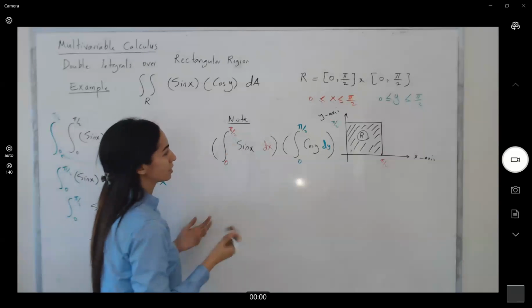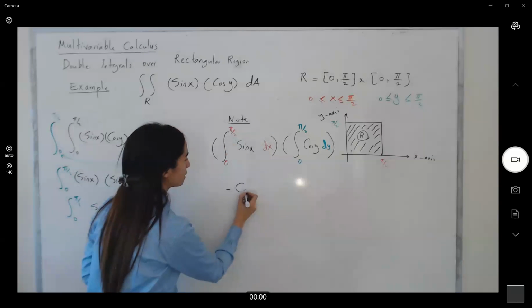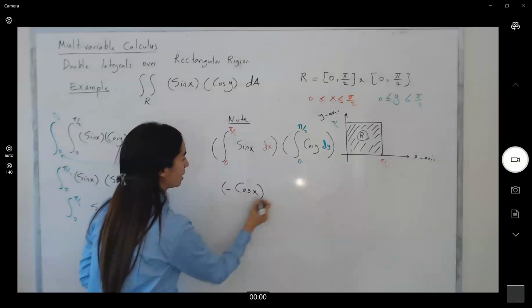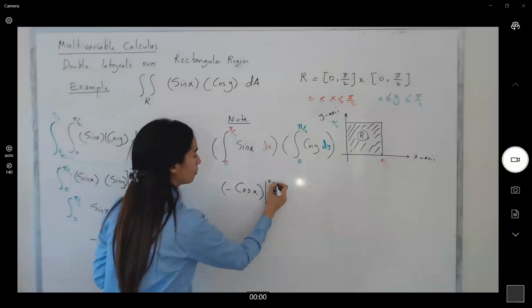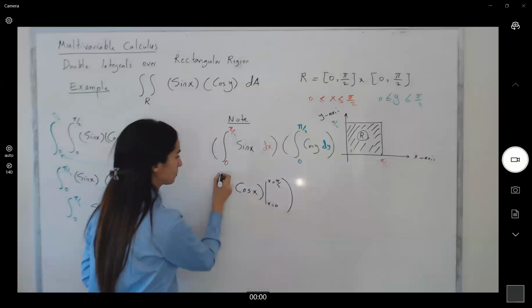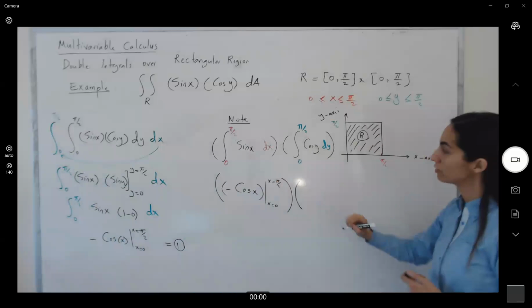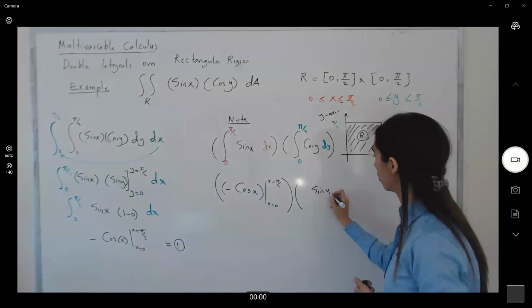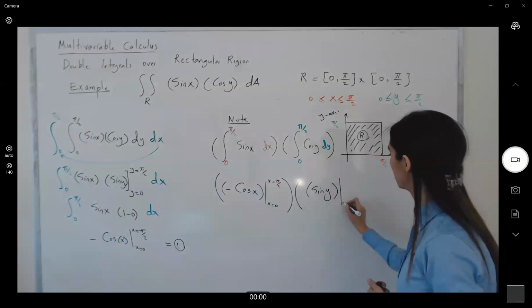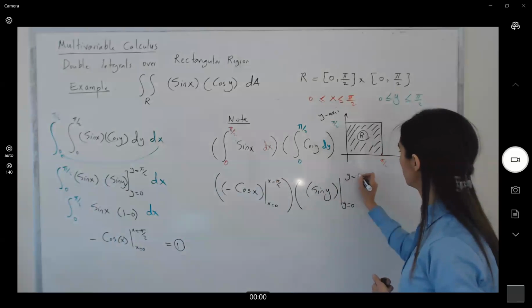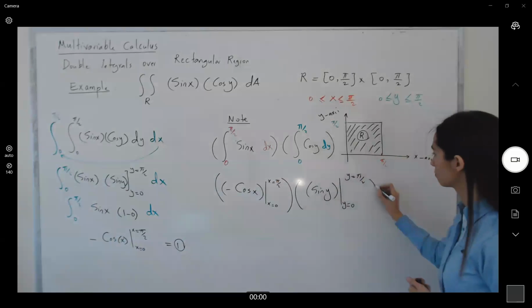So the integral of sine x is negative cosine x. X ranges between 0 to pi over 2 times the integral of cosine y, which is sine y. Y ranges between 0 to pi over 2.